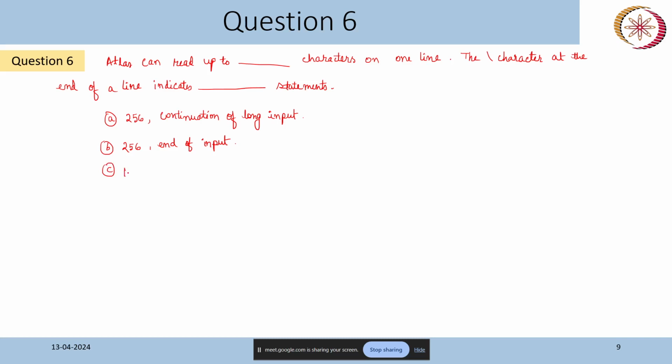Option C is 128, starting of input. Option D is 128, skipping the corresponding line.